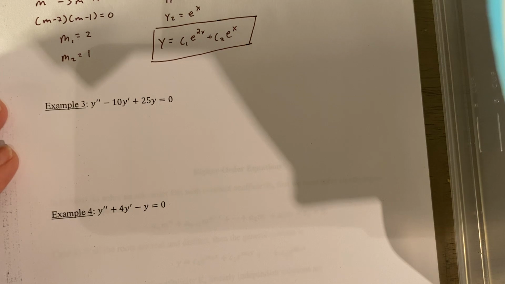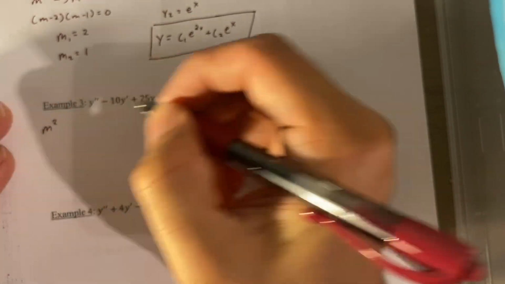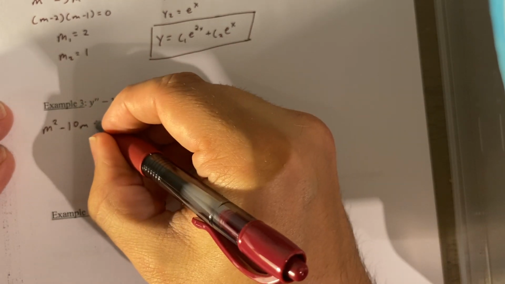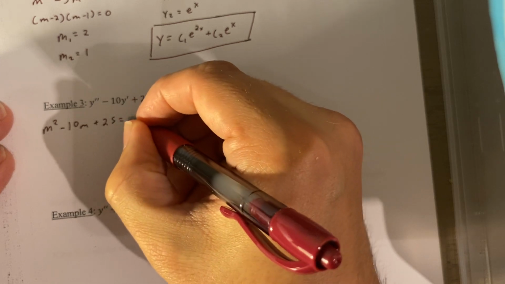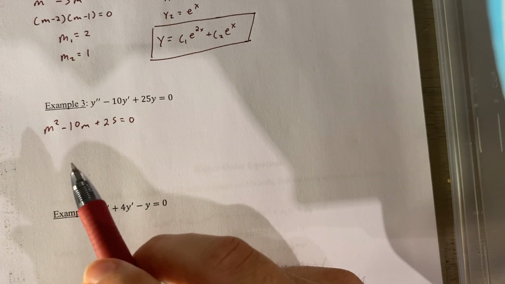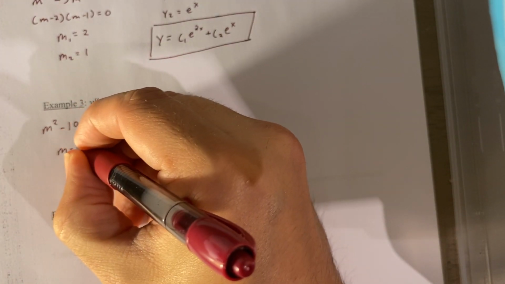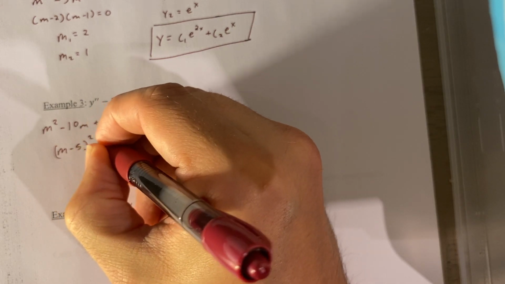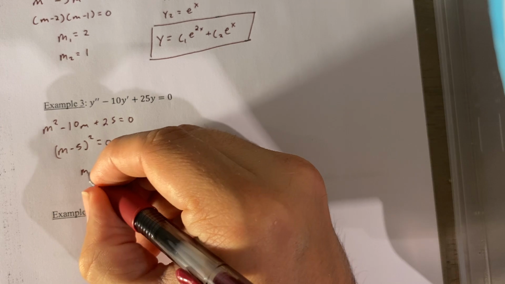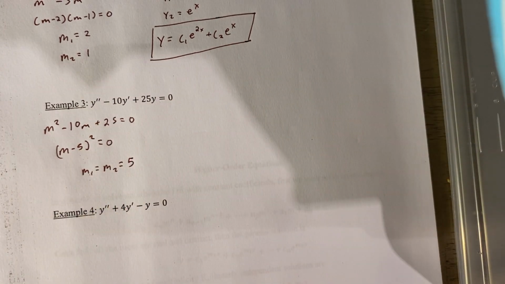Going to example 3, again we have the same thing, so I'm going to substitute my m's, and so I'm going to have m squared minus 10m plus 25 equals 0. When I look to factor that, what I see is I'm going to get m minus 5 squared. So here I have repeated roots where my m sub 1 and my m sub 2 is going to equal 5.